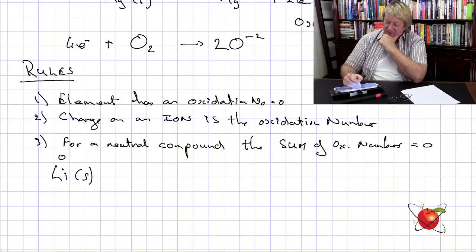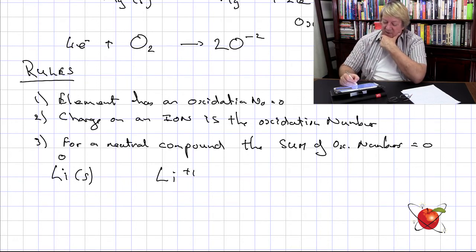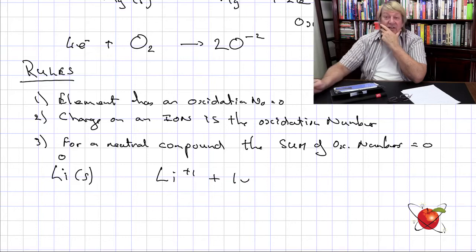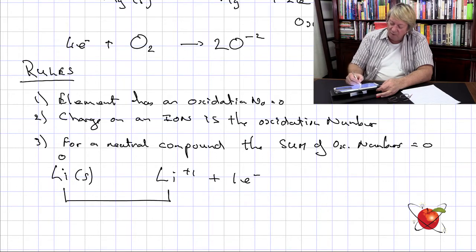So what if lithium is now an ion? Remember, lithium is in the first group, so it becomes a +1 as an electron gets given away to, say, oxygen, fluorine, chlorine, or sulfur. Can you see that it has become an ion? So its oxidation number has now changed to a +1.